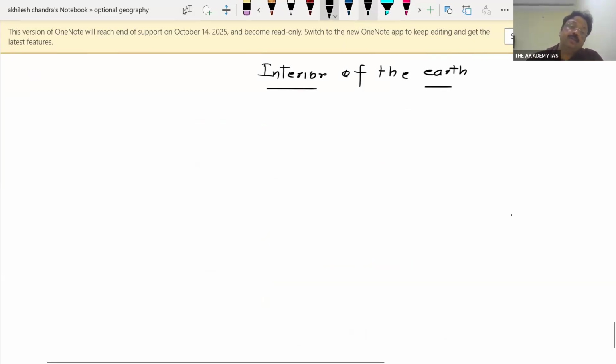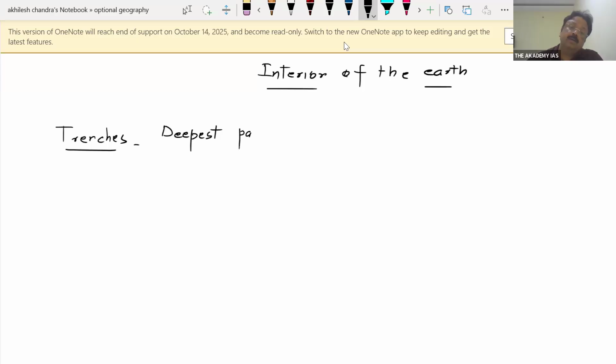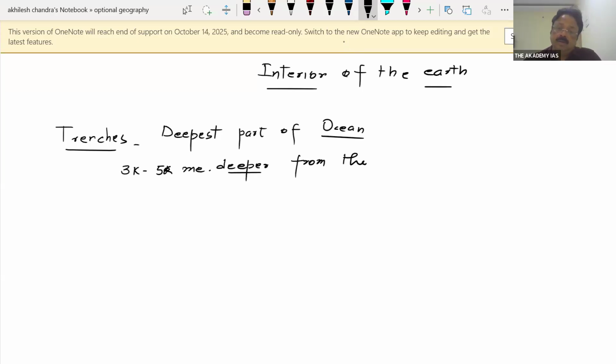Trenches are the deepest part of the ocean, even 3,000 to 5,000 meters deeper than the deep sea plain.